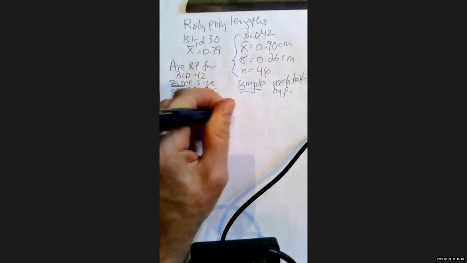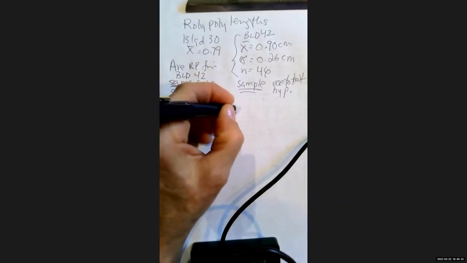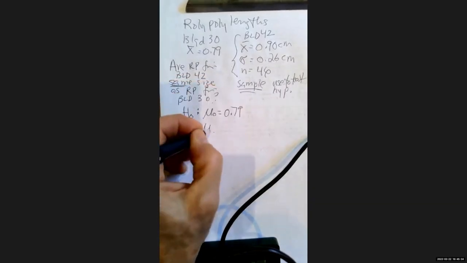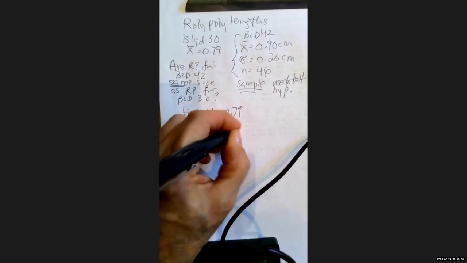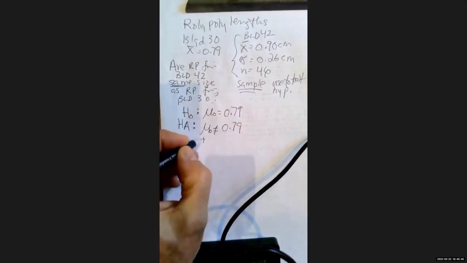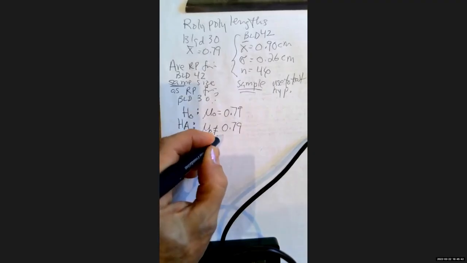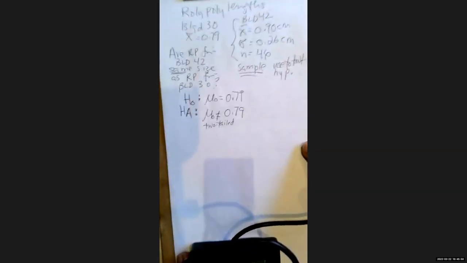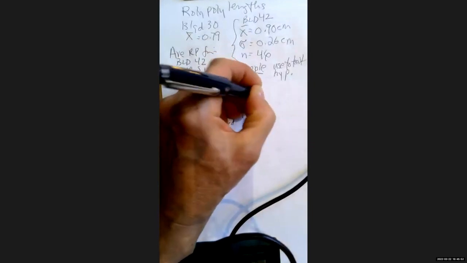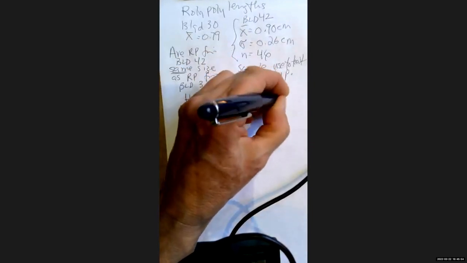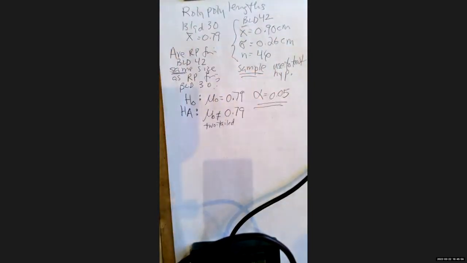So my mu 0 is going to be 0.79. And then is my mu not equal to 0.79? So this is a two-tailed alternate hypothesis, and we don't need to know that until we find the p-value and whether we multiply it by 2 or not. I'm going to set an alpha equals 0.05, because I want to set that ahead of time as well.